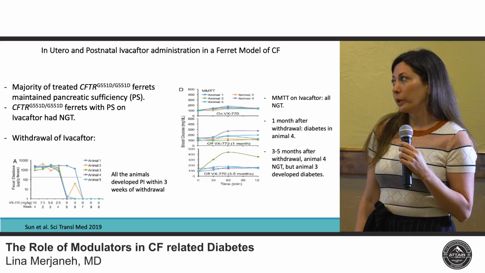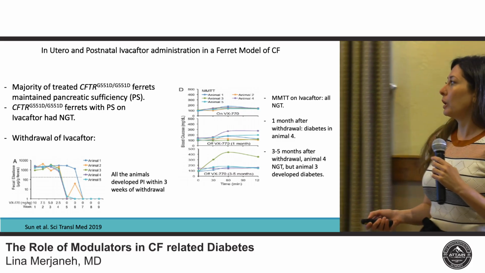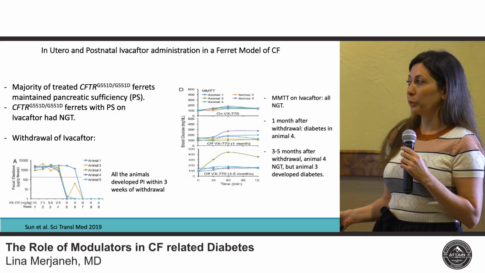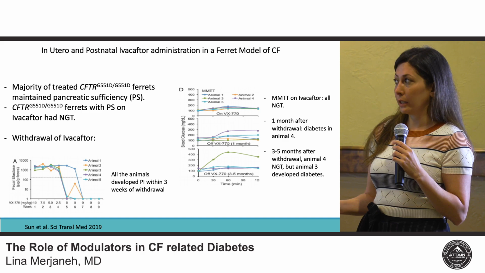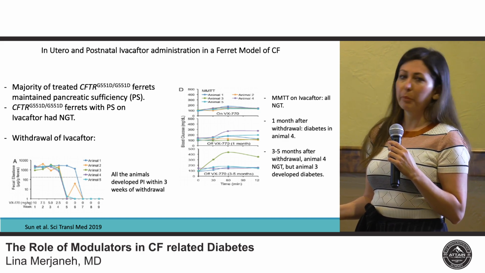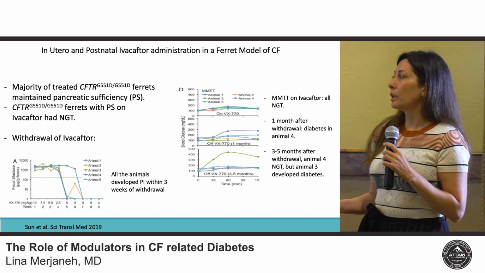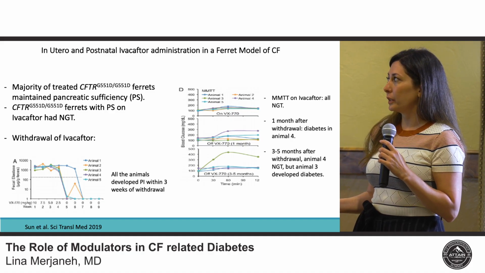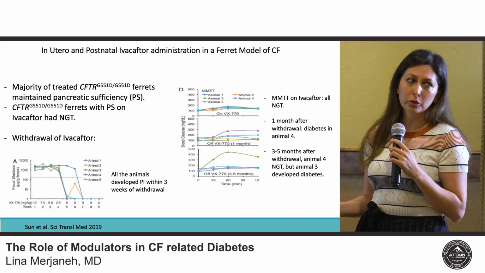More interestingly, they withdrew ivacaftor gradually. This graph here is fecal elastase over time. The animals that were pancreatic sufficient all became pancreatic insufficient within 3 weeks of withdrawing ivacaftor. When they did mixed meal tolerance testing, the first graph here is on ivacaftor, and all these homozygous animals had normal glucose tolerance.